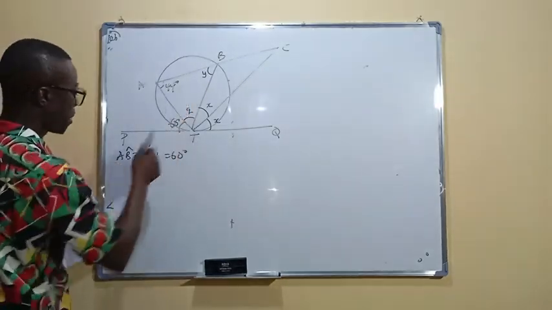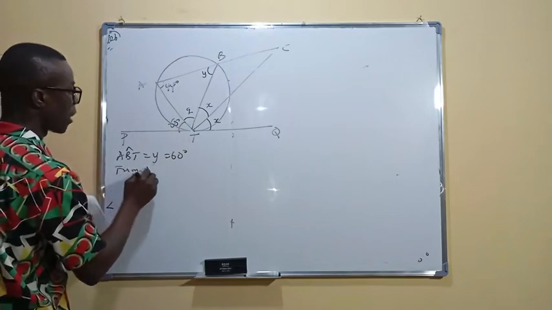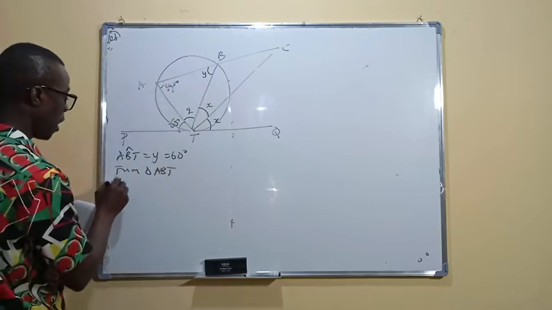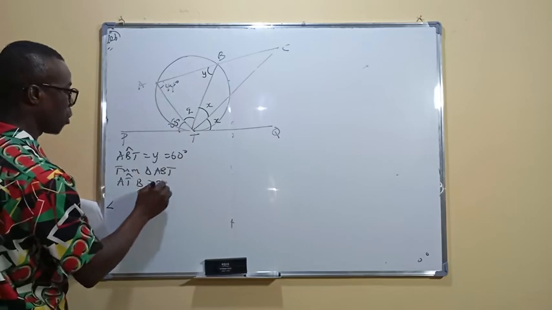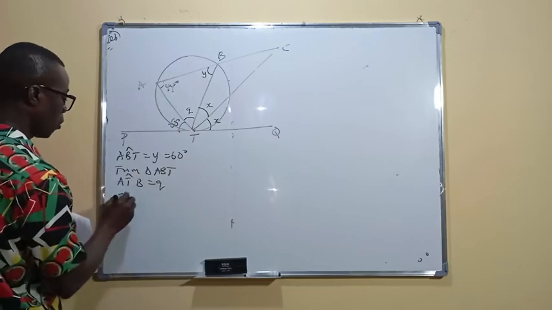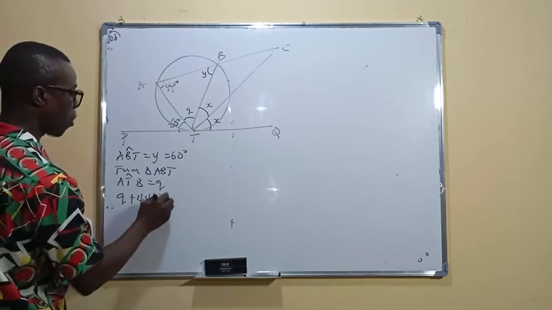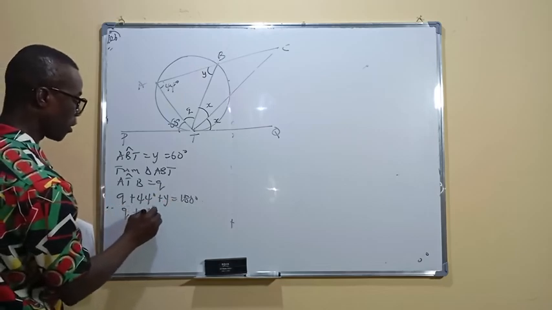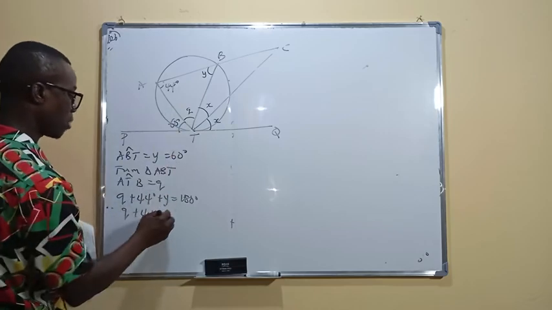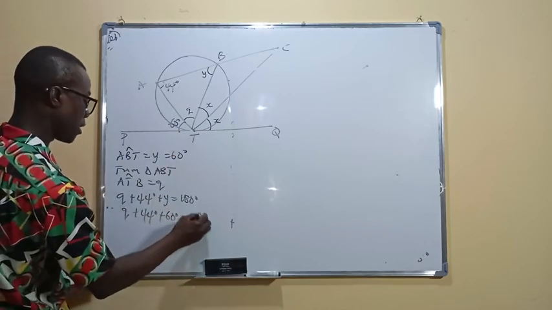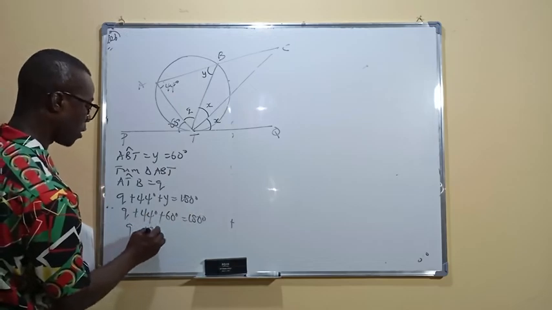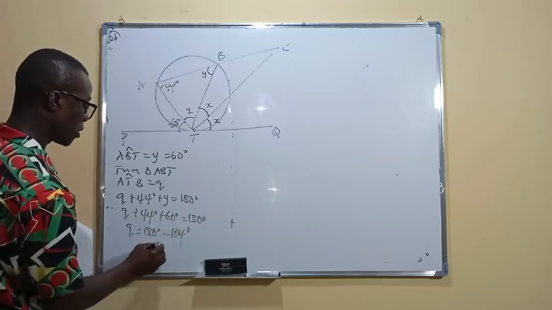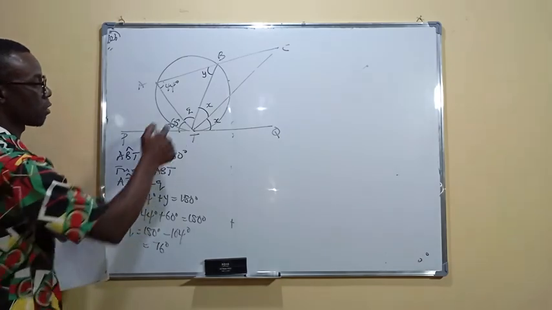From triangle ABT, I have already established that angle ATB is equal to Q. So Q plus 44 degrees plus Y, which is 60 degrees, is equal to 180 degrees. So Q is equal to 180 degrees minus 104 degrees, making Q 76 degrees. So this is 76 degrees.